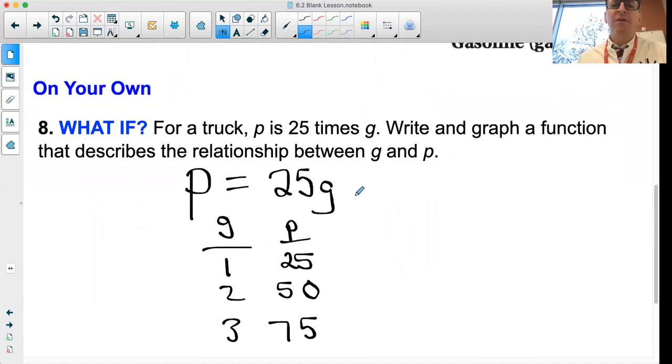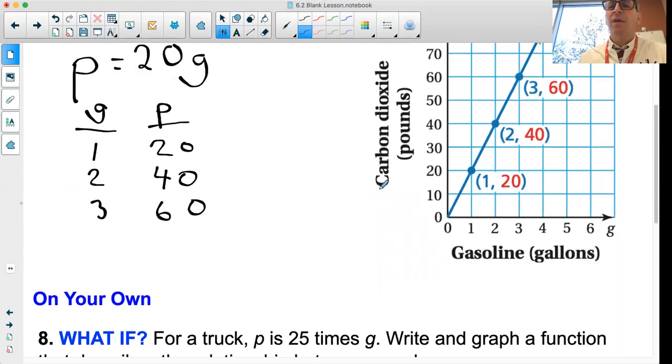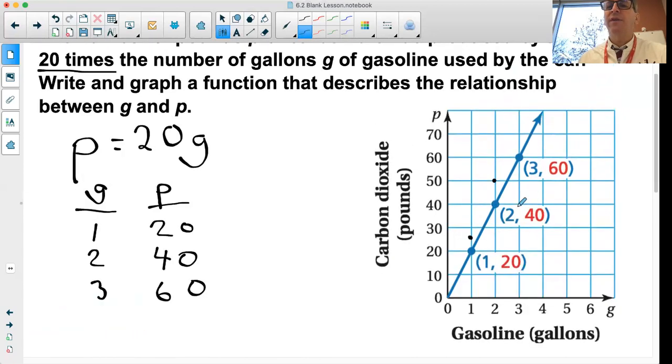All right, so let's graph those out. 1 gallon, we're at 25. 2 gallons, we're up here at 50. 3 gallons, we're at 75, which is right up in this area. So if I connect these dots, a little crooked there, okay, there you go, you get the idea. It is a graph that sits slightly above the other graph for on your own number 8.